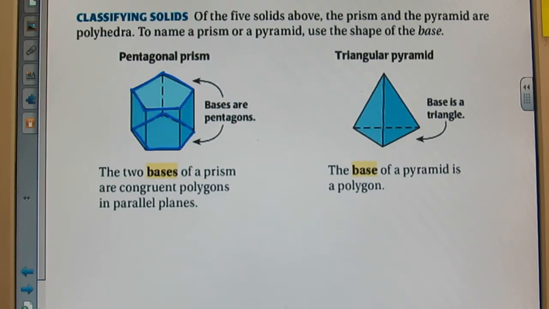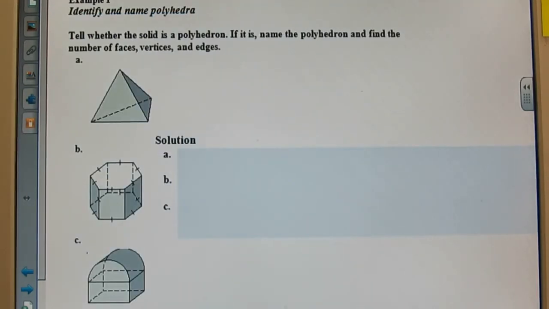This pentagon here is parallel to that one, and it's congruent. They're exactly the same. So that's how I know what the base is. So this is a pentagonal prism. This one over here is a pyramid, and the base here is a triangle. So this is a triangular pyramid. You name them by their base.